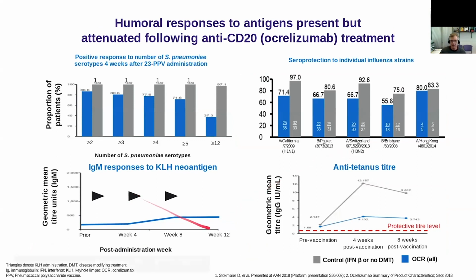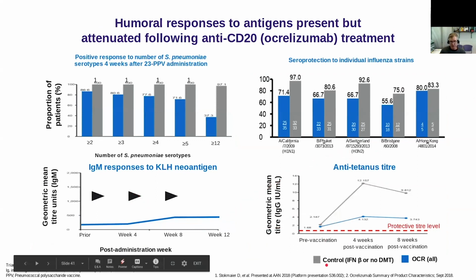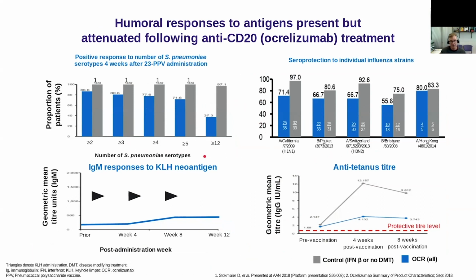You can see this publication is now in press, I'm told, but you can see, on the top left here is pneumococcus vaccine. The majority of patients make a very blunted or poor response to pneumococcus. Similarly, influenza is blunted, anti-tetanus is blunted, and we have the keyhole limpet hemocyanin.